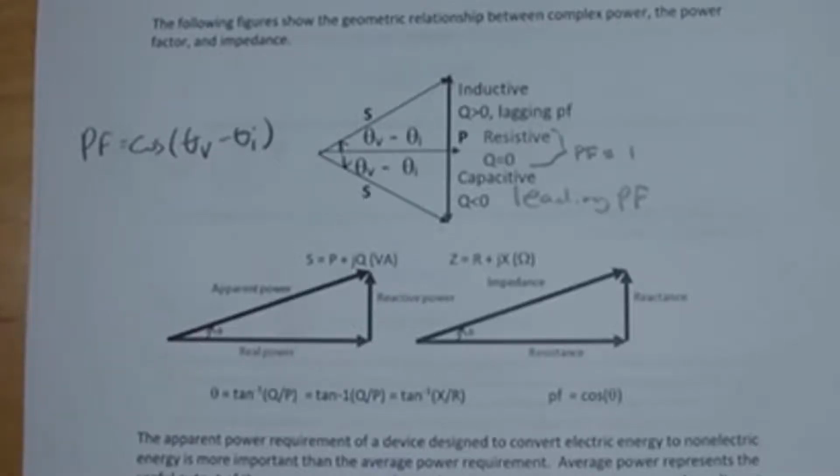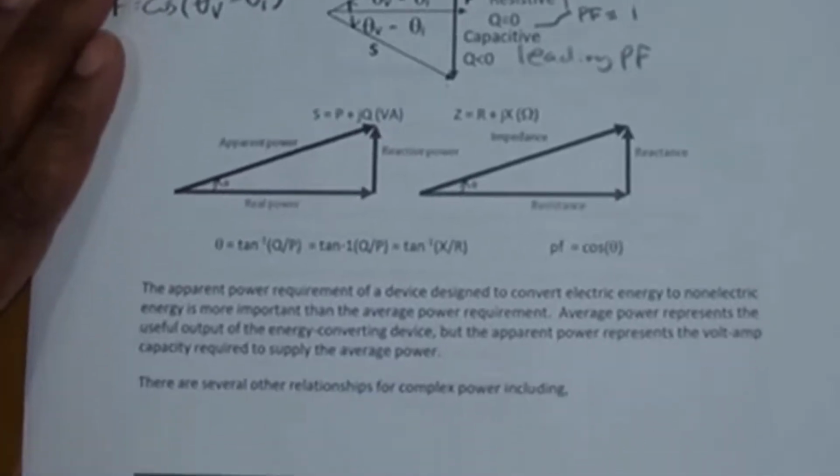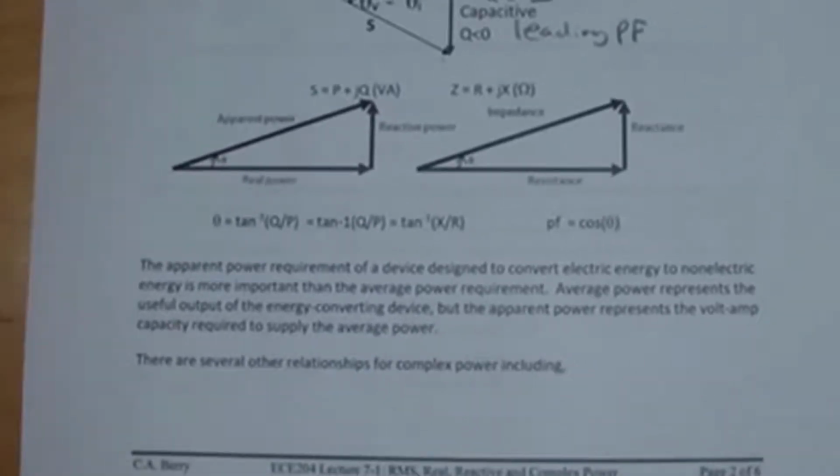So the apparent power requirement of a device is designed to convert electric energy to non-electric energy, and it's important that it meets the average power requirement. Average power represents the useful output of the energy converting device, but the apparent power represents the volt ampere capacity required to supply that average power. Remember, we talked about that reactive power is just inductors and capacitors that charge and discharge as you're delivering power.